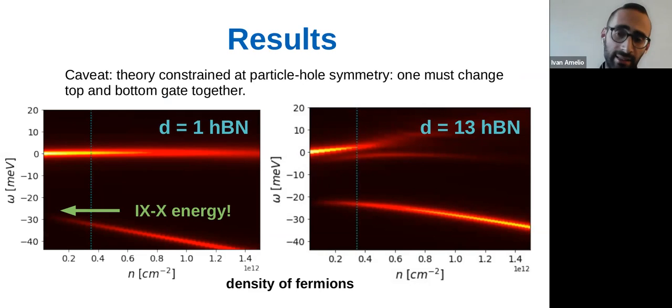Then let's take the whole layer and start to dope the whole layer until we reach a balanced, particle-hole symmetric scenario in which we have the same number of electrons and holes. In this case, one should see these more complex binding energies. What one sees in between is not completely obvious.